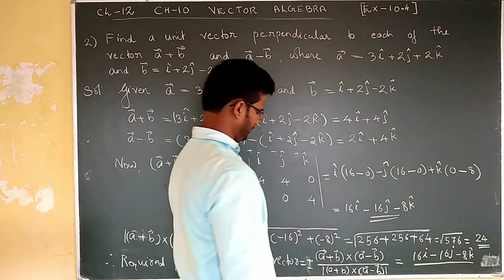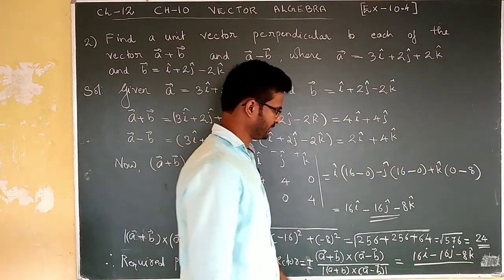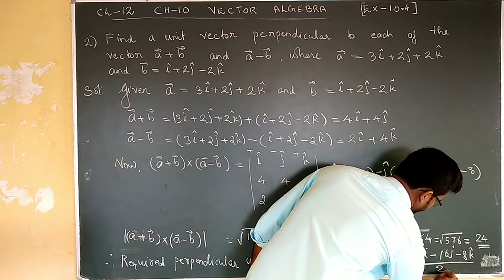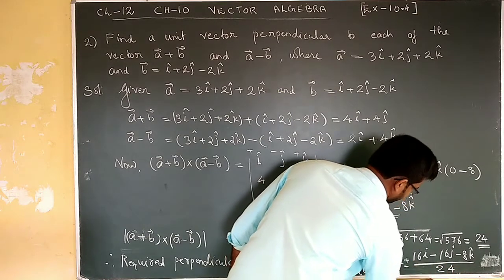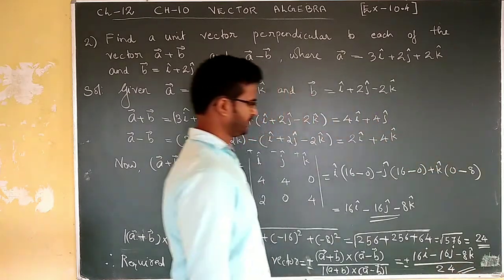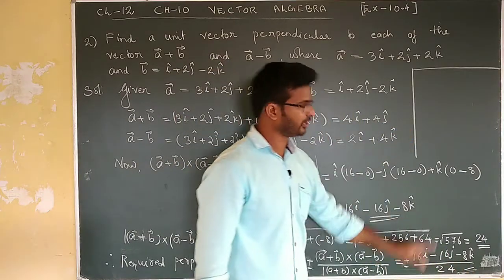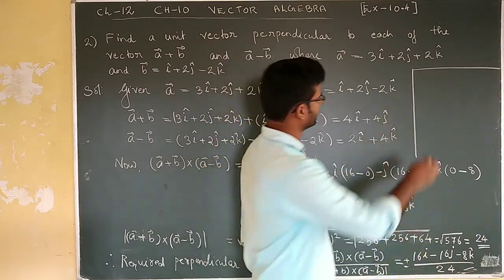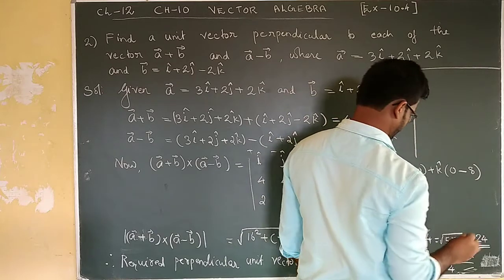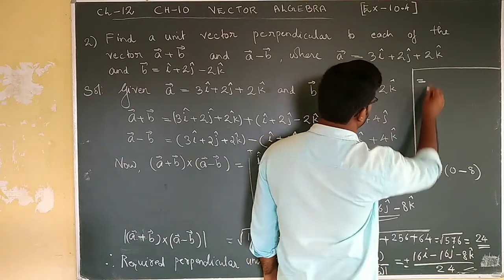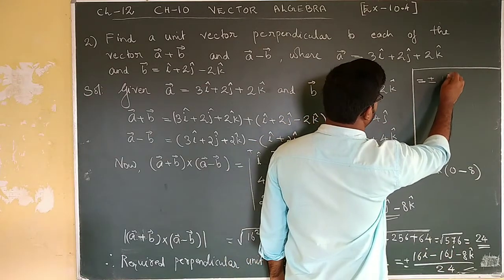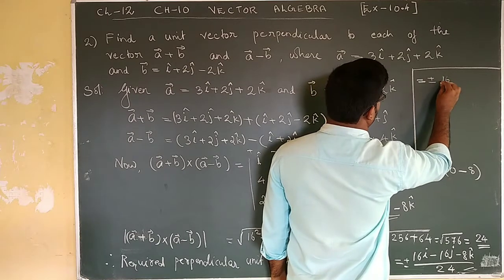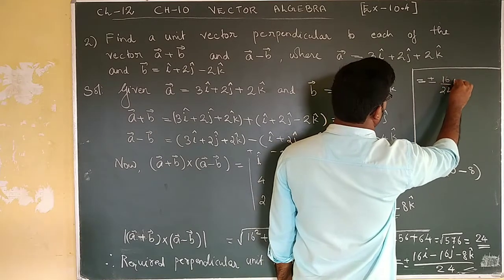Divide by the magnitude of this vector, 24. You can use plus or minus. The short part I am going to write in here, keep in mind, equal to 16 divided by 24 plus or minus 16 divided by 24 i.